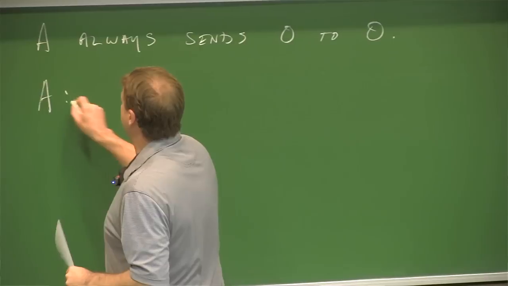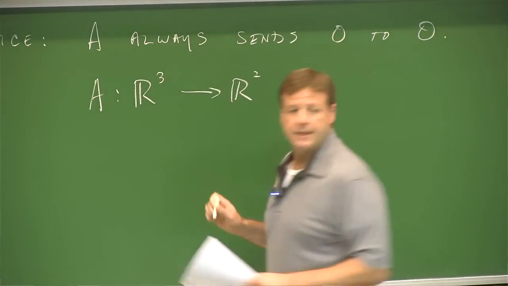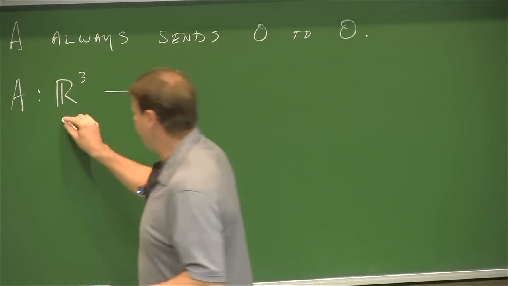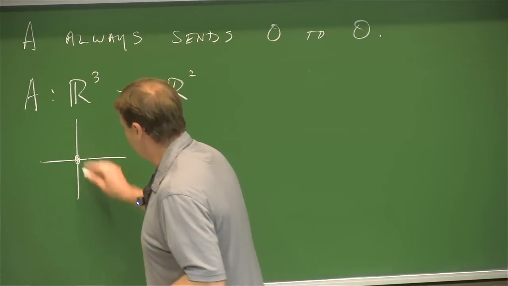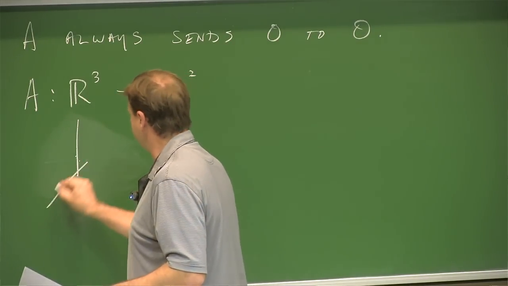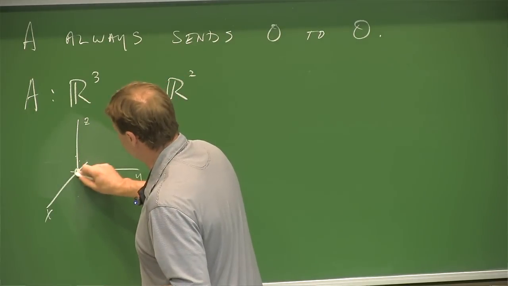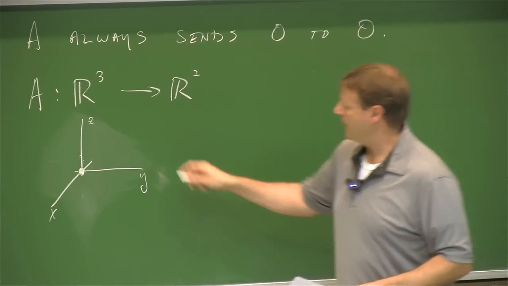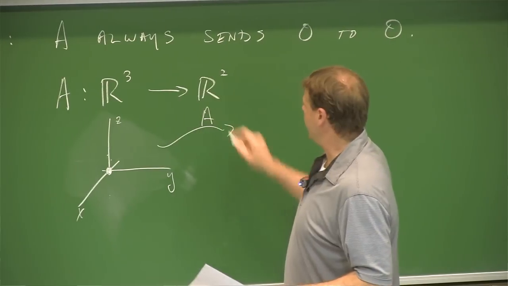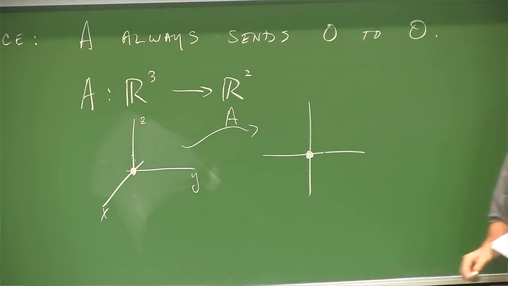So in this case, we had A from R3 to R2, but at least we know one spot got fixed. So here, let's draw the 3-dimensional version. There's the origin here, and then I go over here, A sends that to 0 here.